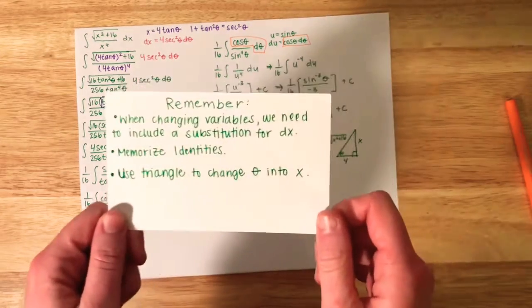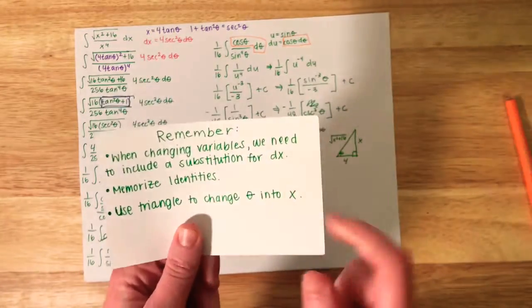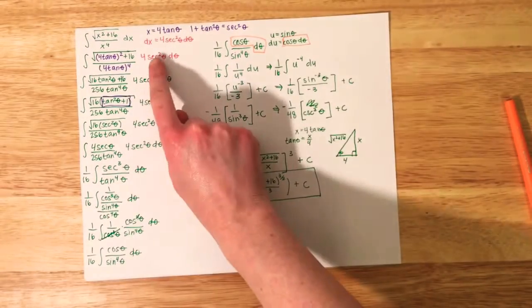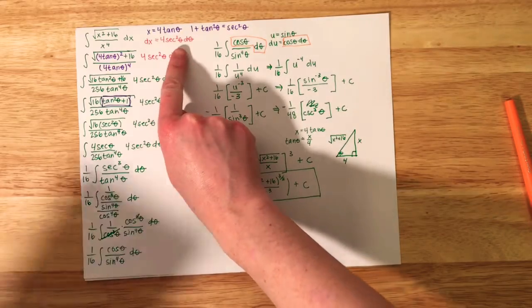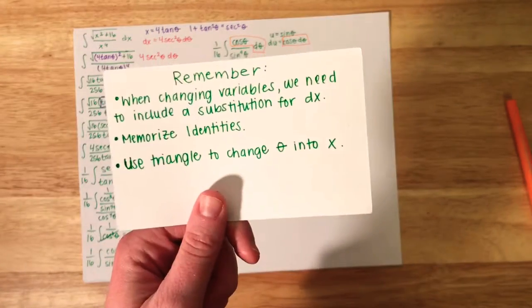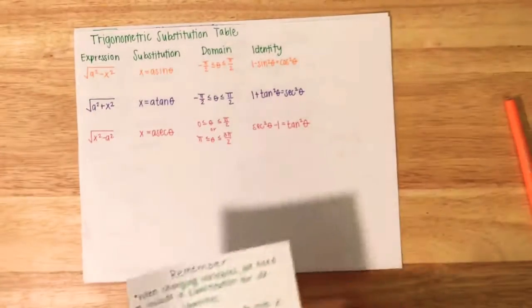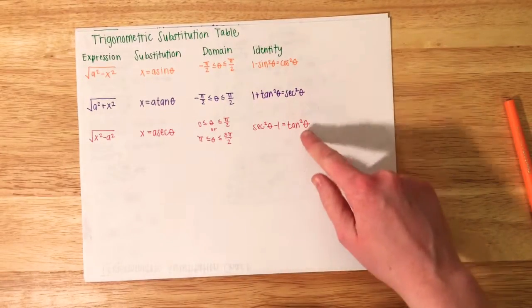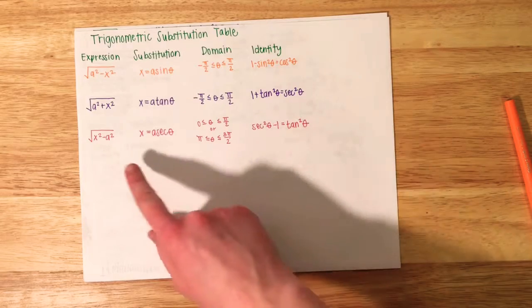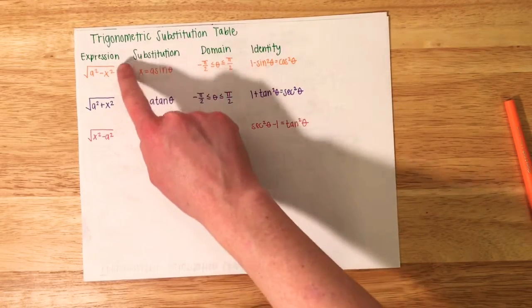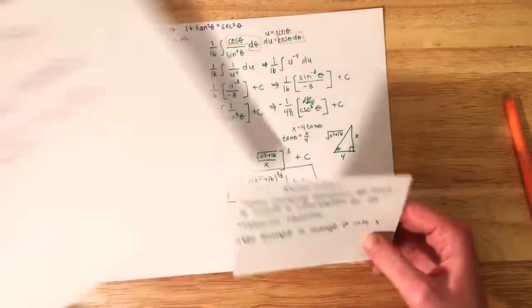So here are things to remember. When changing the variables, we need to include a substitution for dx, like we did here. And also, an important point is to memorize these identities. Memorizing these identities is going to help you be able to remember which substitution to make in each different expression.